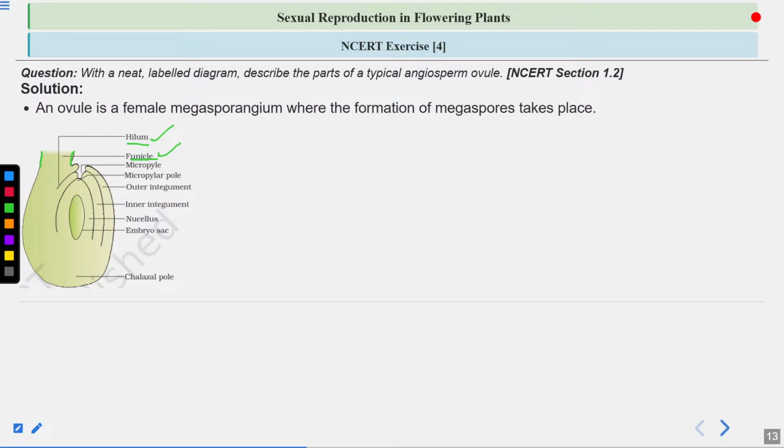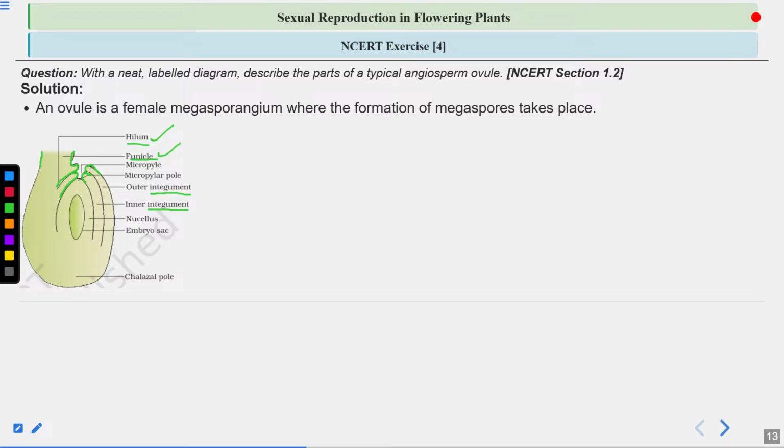Now we will see the main part of the ovule. Okay, you can see there are two overlapping coverings like this, the first and the second. Similarly here also, the inner and the outer. This is actually the integuments.